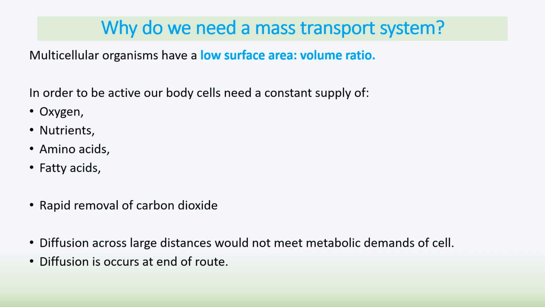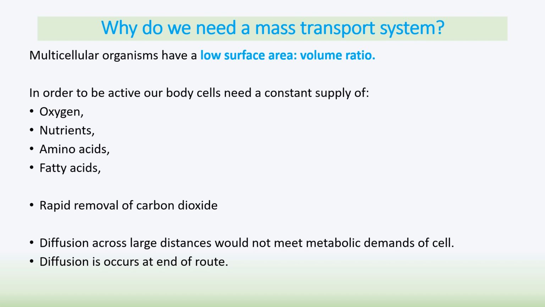To understand, why do we actually need a mass transport system? What is the purpose of the blood? Well, multicellular organisms have a low surface area to volume ratio, and parts of your body can be deep inside, so you cannot rely on diffusion of oxygen and nutrients alone.